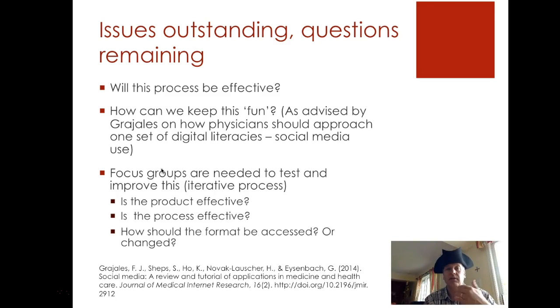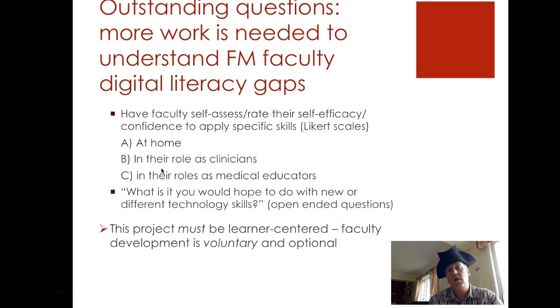Is the product effective? Is the process effective? And how should it be changed? I think there are changes that are needed, but it's an iterative process, and it's kind of like a design spiral. I feel like now that we've got a few products, it's important to shop them around a little bit. So one way to do this would be to go to faculty to assess their gaps and actually have people self-rate some sense of, like with Likert scales, whether or not in their role as clinicians or at home or as medical educators, they use digital technologies and how they use them, and some open-ended questions of what they would hope to do with these new technologies.